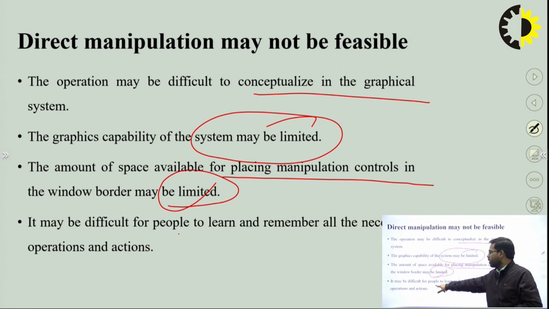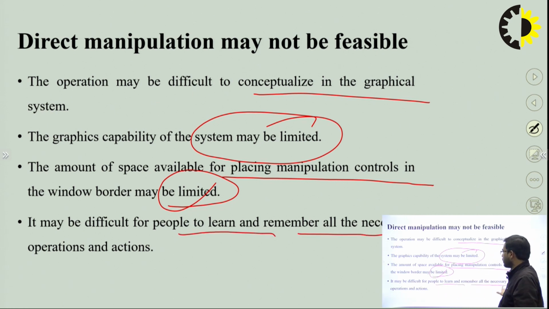It may be difficult for people to learn and remember all the necessary operations and actions. Just like in today's scenario, we have a mobile with so many contacts. We can't remember all the contact numbers, so we swipe up and down, or use the search button to open that particular contact.